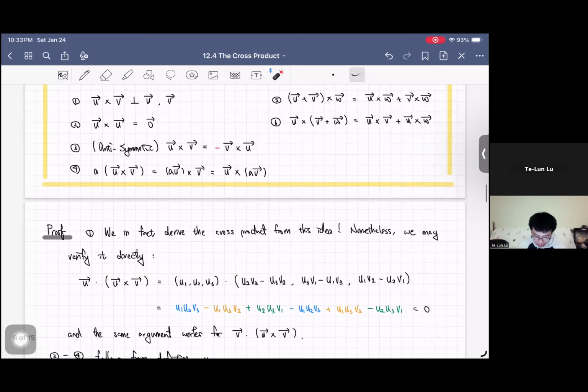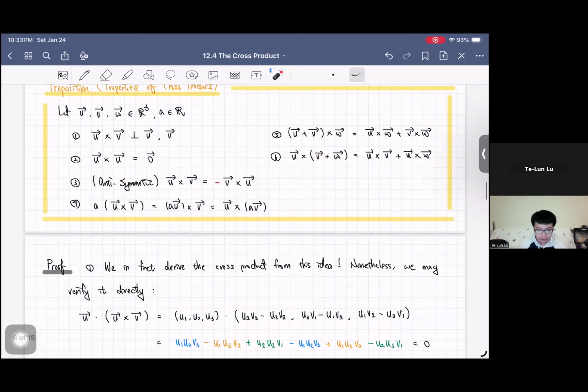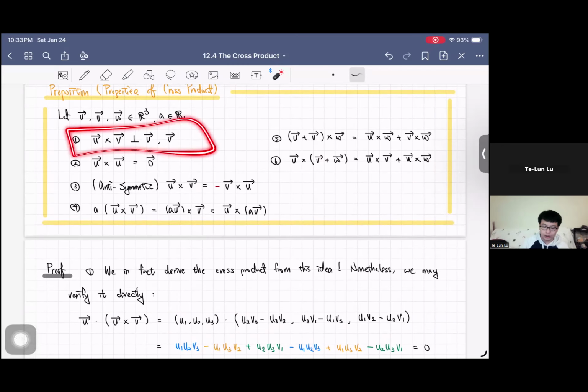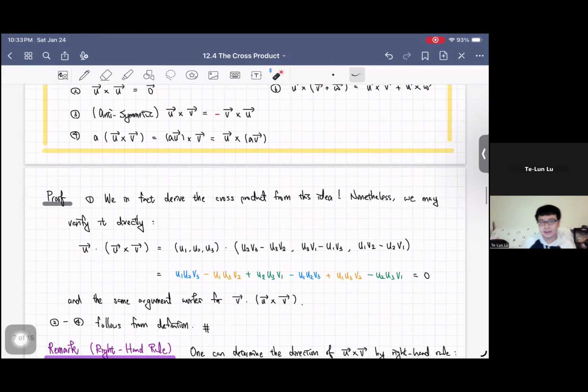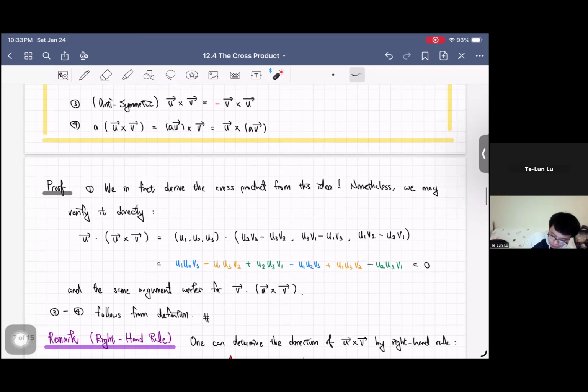Right, so here I present a proof about the first property, which is why u cross v is orthogonal to u. But again, that is sort of by definition, because that is how we construct u cross v, but we can also verify directly. Say we want to verify u cross v is orthogonal to u, then you take the dot product between u and u cross v, and we want to show that it's 0.